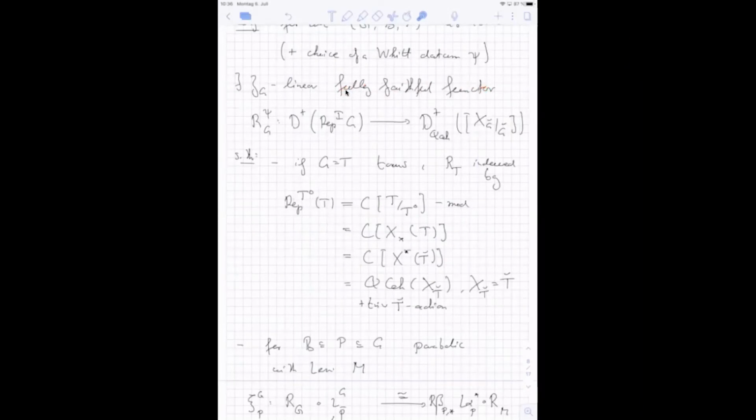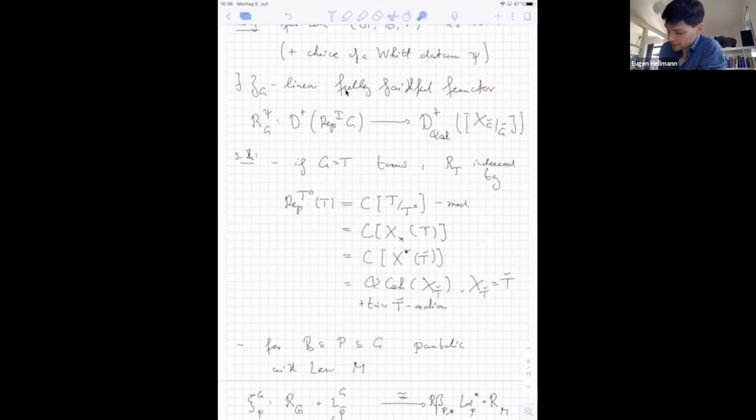And in some sense, this failure of being essentially surjective, well, if you move, instead of just considering smooth representations, to bundles on the Fargues-Fontaine curve, then this issue goes away, and you will have an essentially surjective functor.